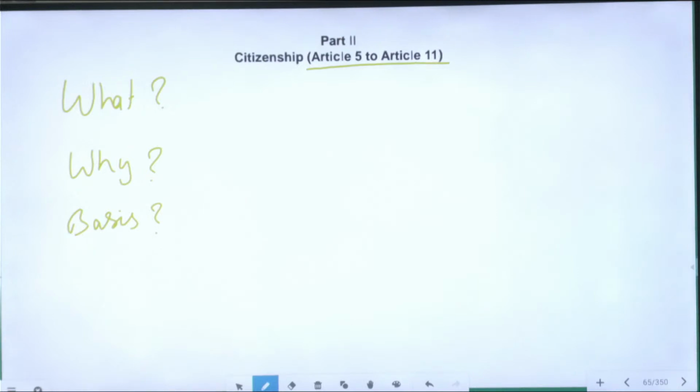First of all, what is citizenship? You are a citizen of India, yes or no? Then what is it? Those who are residing in India are citizens. Suppose tomorrow you go abroad and reside there, do you become a citizen of that country? No. Try to answer.